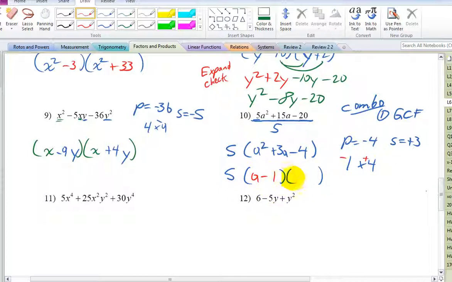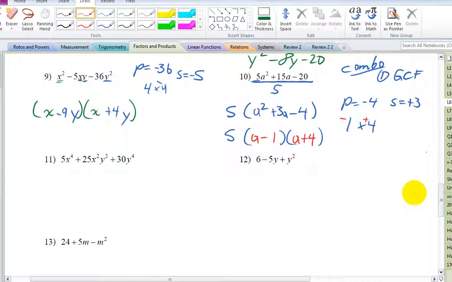So a minus 1, a plus 4. Okay. So that must be exactly as it's written inside the brackets. The order can move, right, but not what's inside. Okay, number 11, what are you going to do first?